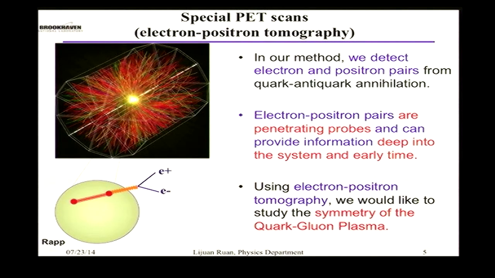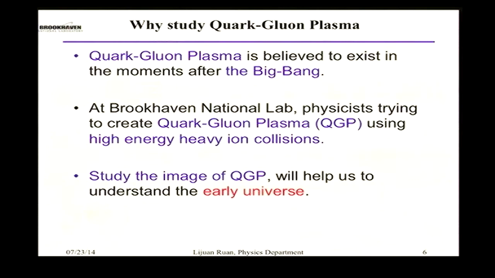That's why electron-positron pairs are penetrating probes and can provide information deep into the system and at early time. Using electron-positron tomography, we would like to study the symmetry of quark-gluon plasma. And I'm going to introduce symmetry later on.